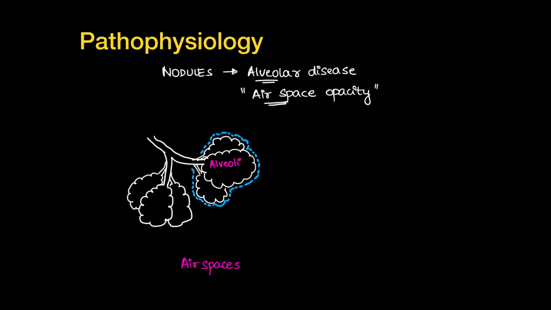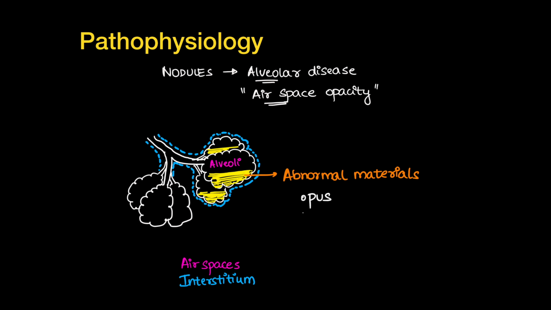Surrounding the alveoli, we can see there is a lining, that is the interstitium. If the alveoli are filled with some abnormal material, that is anything other than air, that causes air space opacity. Materials like pus, fluid, cells, blood and even proteins can fill the alveoli, causing these nodules to appear.